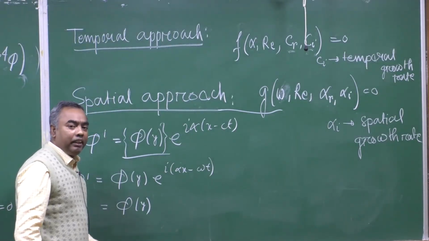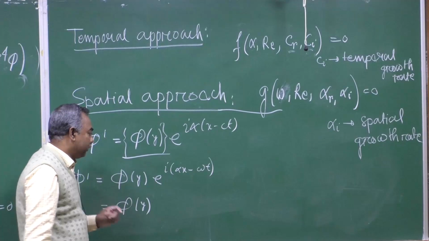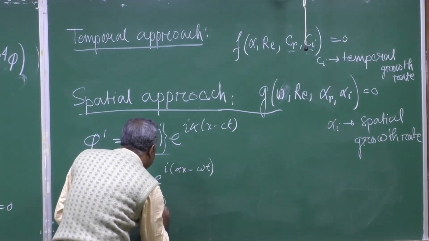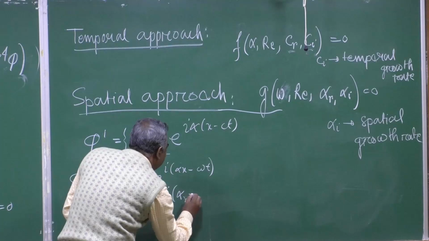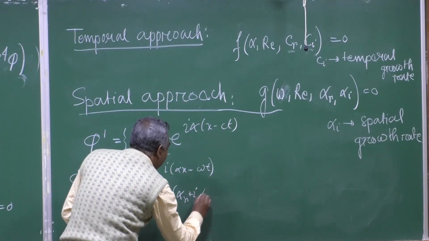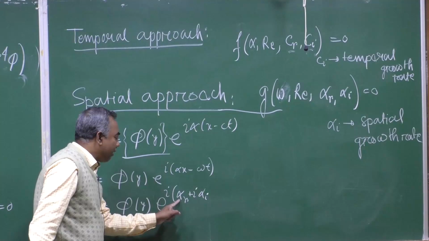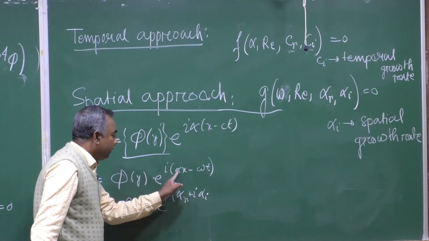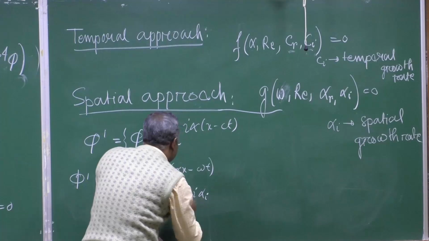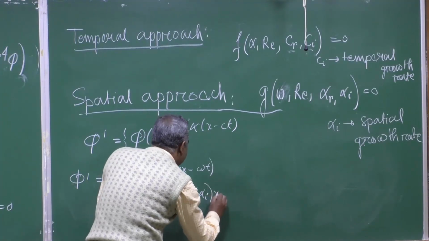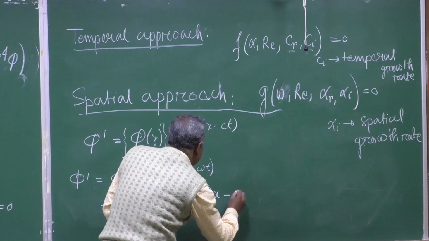Spatial approach, what I said, omega should be real, alpha should be complex. Okay. That means exponential i alpha r plus i alpha i, alpha is complex, means its real part is alpha r, its imaginary part is alpha i, into x minus omega t.